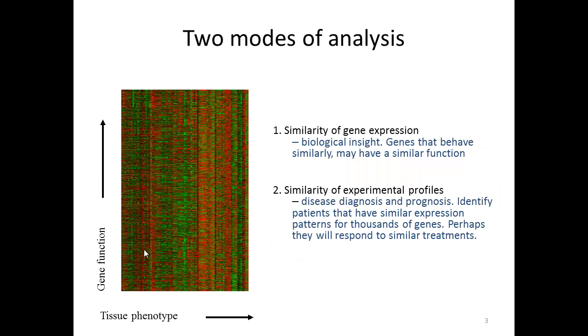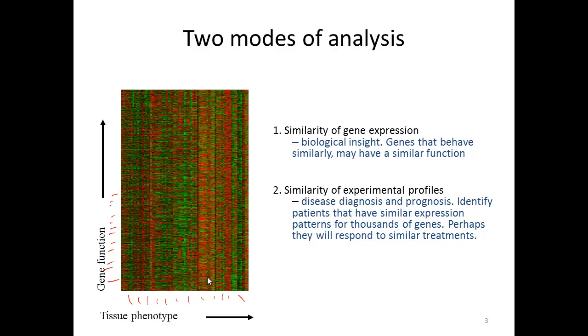And so one thing we're going to try to do is find things that behave similarly. What we have here is a heat map representation of the Excel spreadsheet from the previous slide. We have a list of genes, maybe several thousand to be sure, and a number of experiments, maybe several hundred.